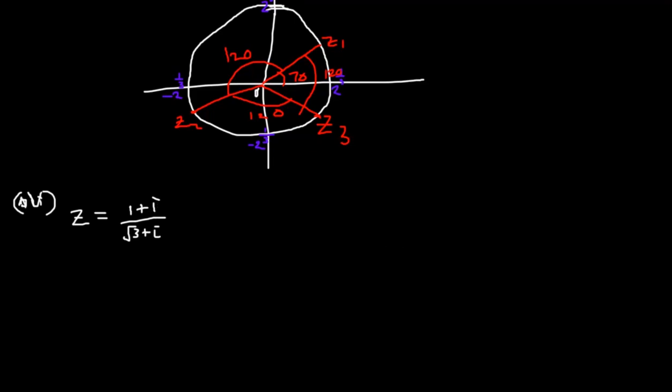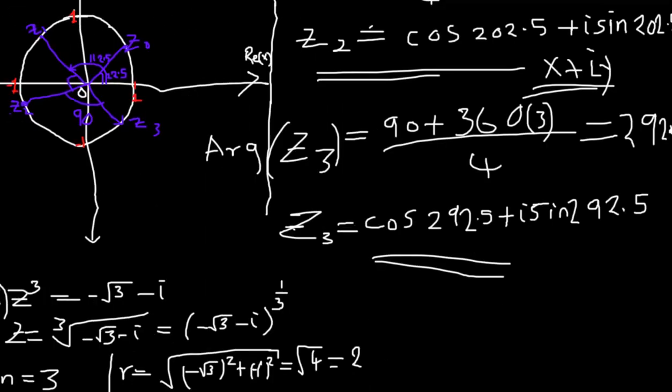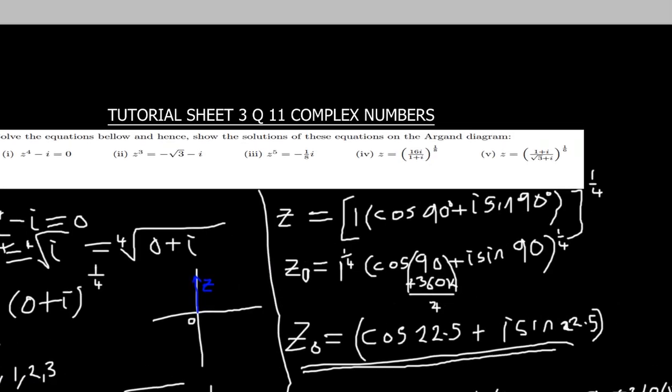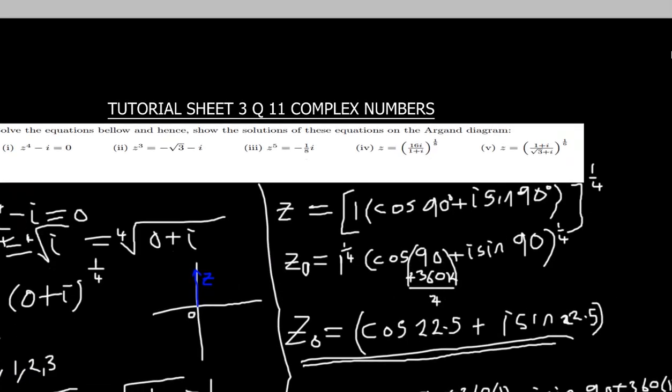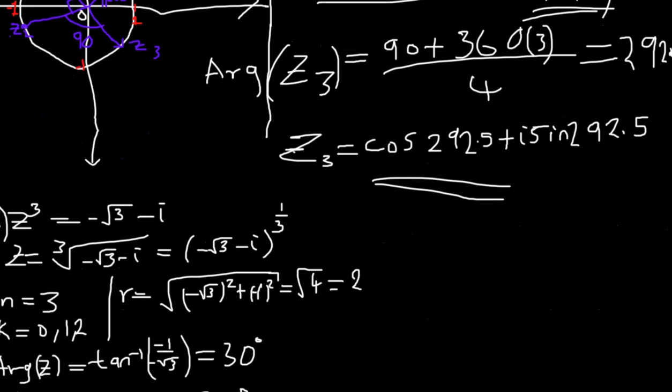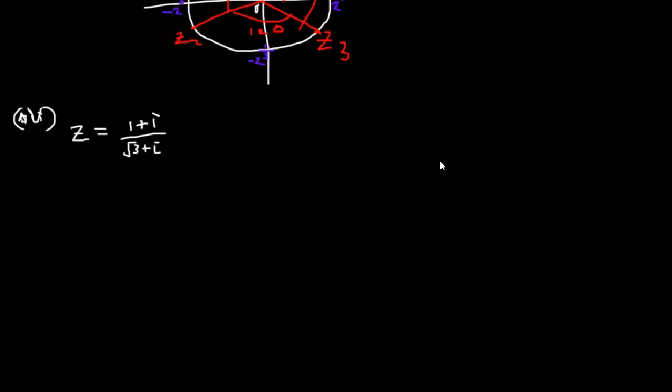Now, let me check first how it is. Sorry, it is to the power 1 over 6. So this one can also be written as Z to the power 6.